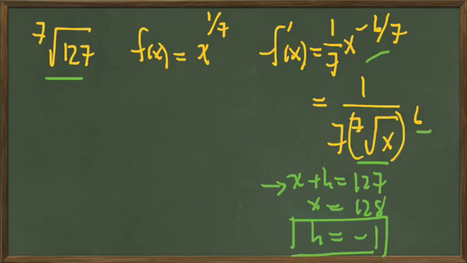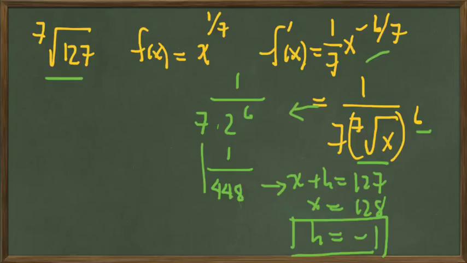And if we plug in our x value of 128, we get 1 over 7 times 2 to the 6th. 2 to the 6th is 64, and so that's 1 over 448.